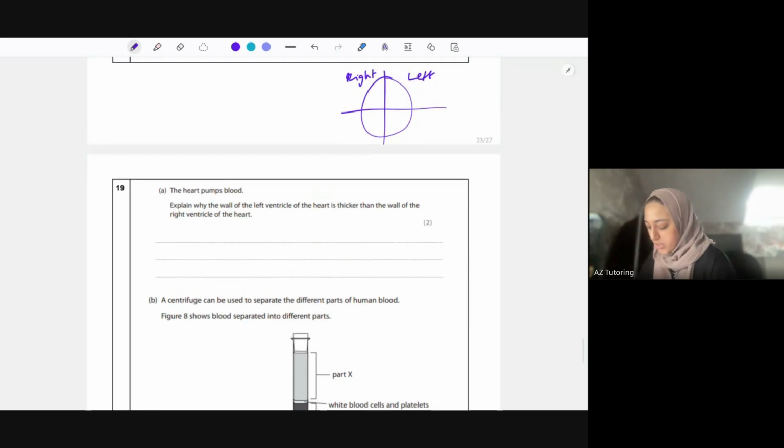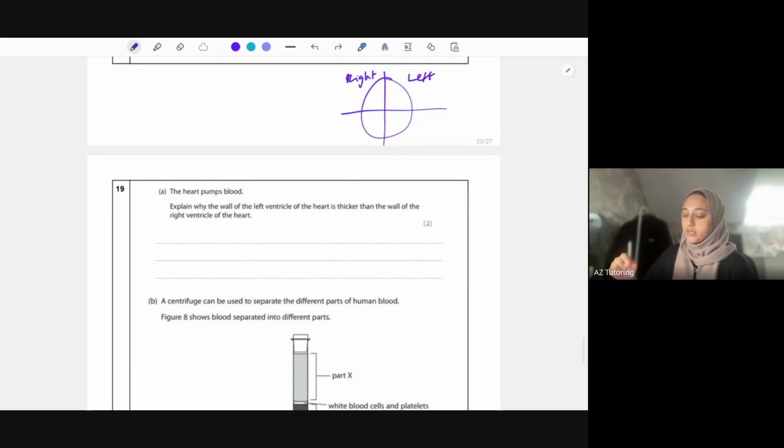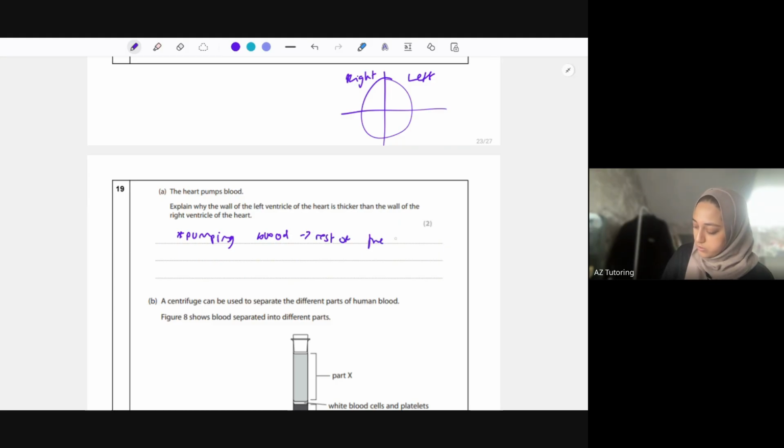So why is the left ventricle of the heart thicker? Well, think about it. That left part is pumping blood to the rest of the body. If it's pumping blood to the rest of the body, it's doing that at a higher pressure. So if it's doing that at a higher pressure, then it needs that thicker wall. So there are your 2 marks.